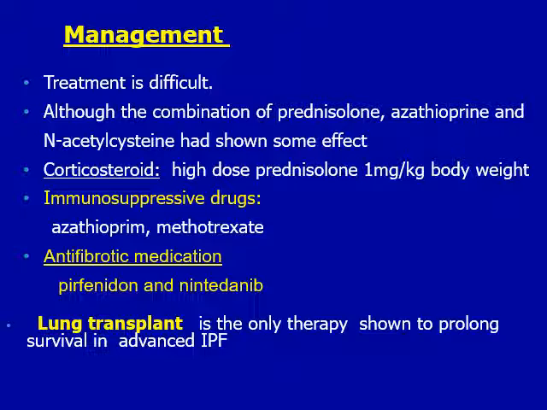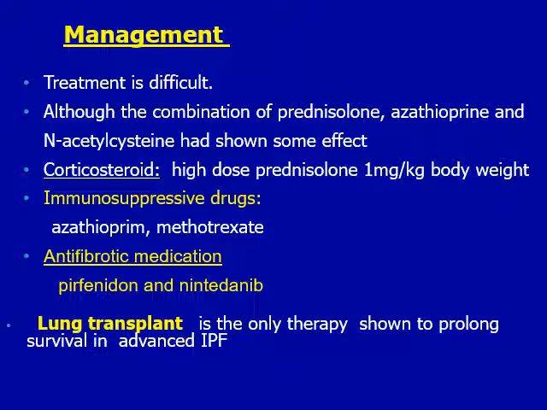Here I speak about some points of the management, because this disease is progressive and the treatment is usually difficult. But usually we start with the combination of prednisolone, corticosteroid, azathioprine or an immunosuppressive drug, and N-acetylcysteine. This has shown some effect, but usually it does not improve the prognosis.